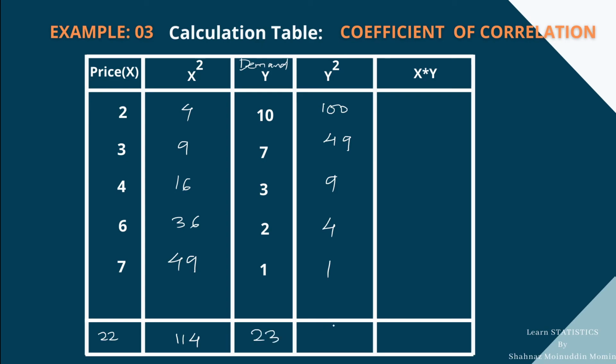Similarly, the total of y square is 163. Multiplying x into y, we get 2 into 10, that is 20. Similarly, 3 into 7, 21. Likewise, 4 into 3, it is 12. 6 into 2, 12. 7 into 1, 7. After adding this, we get the sum of x into y as 72.